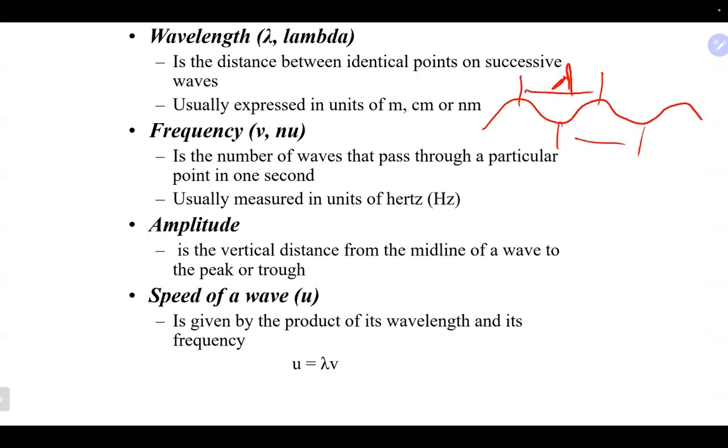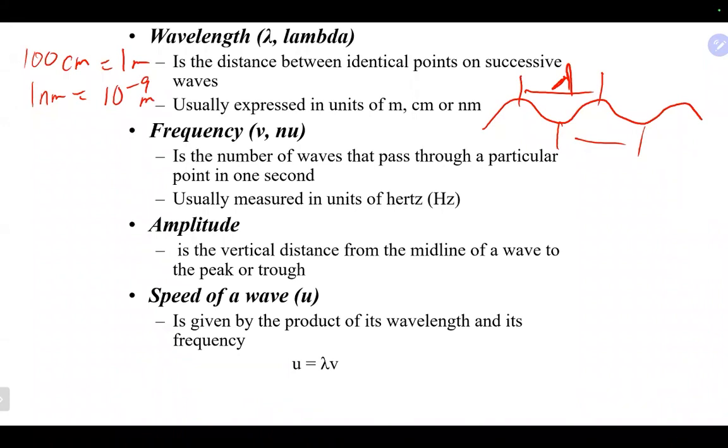Typically, wavelengths are given in meters, centimeters, and nanometers. Reminder that there are 100 centimeters in a meter, and in 1 nanometer, there are 10 to the minus 9 meters. So those are common units that are used in conversions.